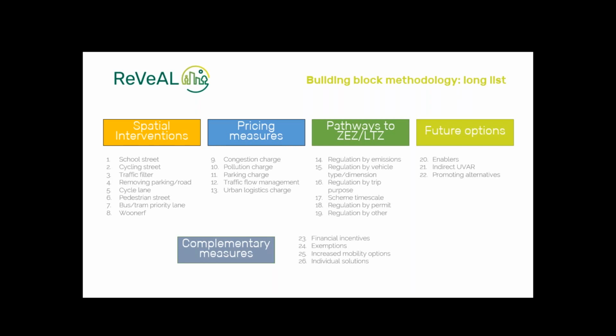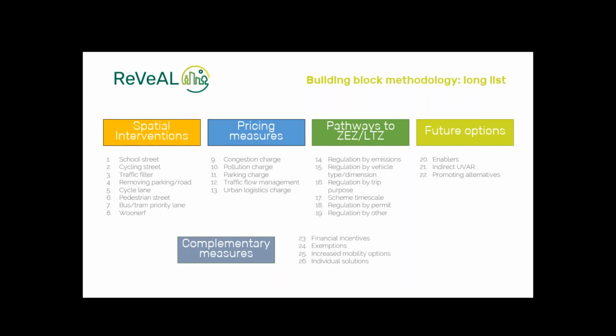Now, when we look into all of our aggregated building block categories, we can see that we have structured them into 3 measure fields: spatial interventions, pricing measures, and pathways to zero emission zones or low traffic zones. We also have one additional measure field, a future options field, which focuses on measures that are being tested in cities but are maybe not mainstream yet, or still have to become mainstream.